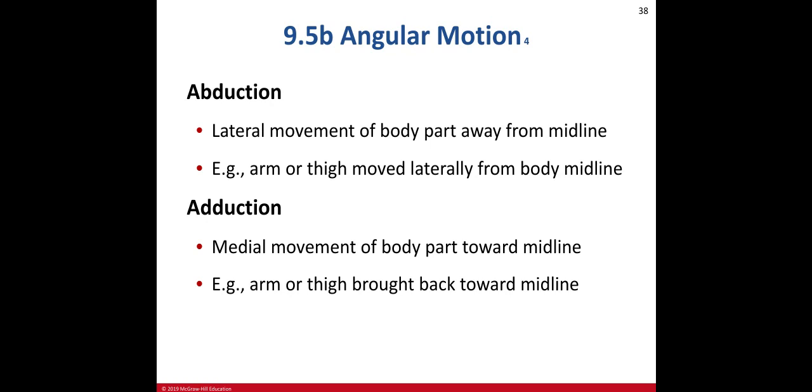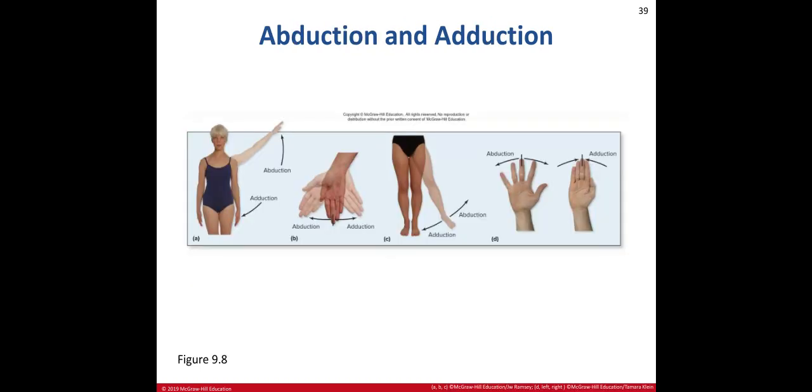So you're bringing your arm and thigh back towards your body. I like to think of this for adduction: start with your arms out like you're the letter T. You look like a plus sign. You're bringing your arms back down. That's adding to your body.